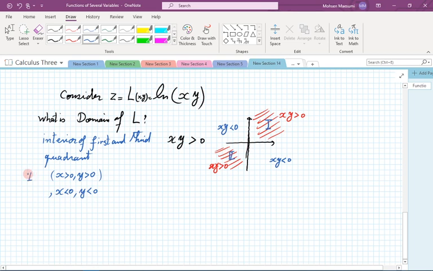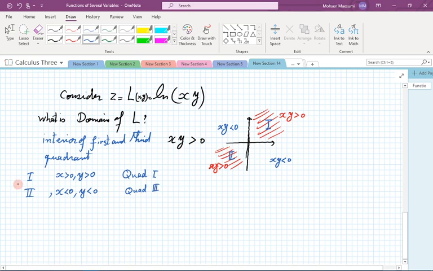So this is region 1, and region 2 is of course quadrant 3. You call that quadrant 1, and this one is called quadrant 3. If you want to call them by quadrant name, this is quadrant 1, and traditionally this is referred to as quadrant 3.